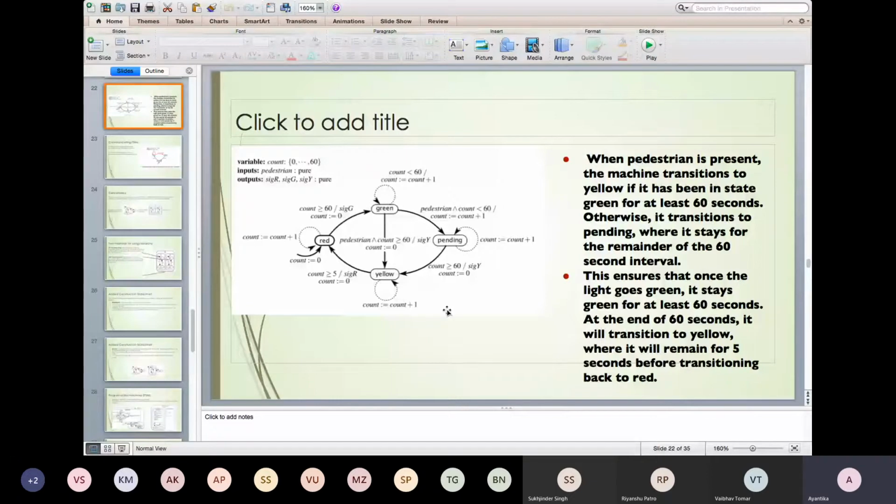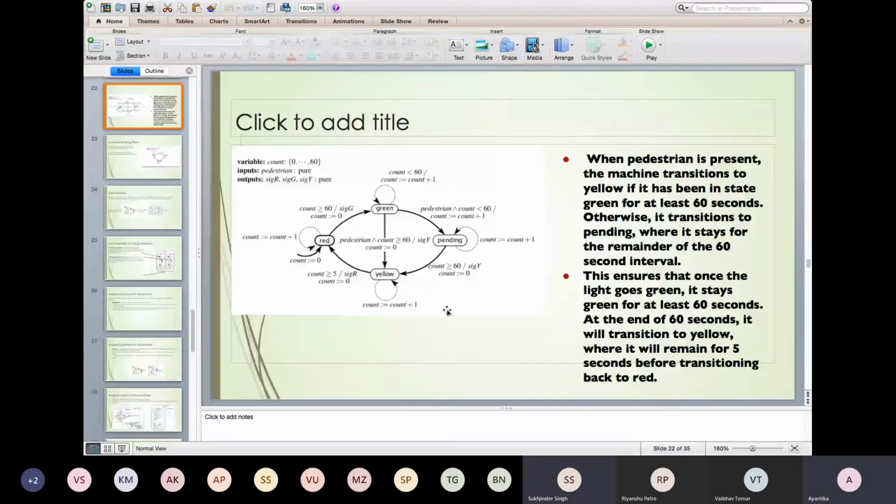So there is a possibility that this FSM is getting stuck at that state. Those are the particular limitations we have to take care of when we are designing our own FSM. Okay, that was for your question, right? Yes, ma'am.